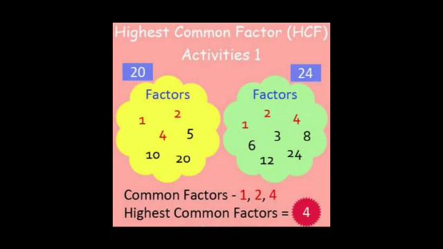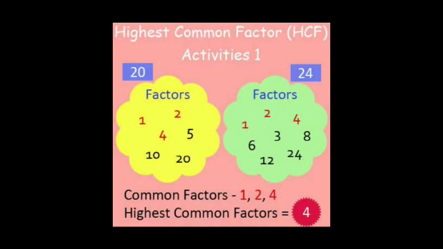The same way you do it. Write 20, then its factors, just like a flower. Write the factors. Factors of 20, then factors of 24. The same you copy. Don't make mistakes.